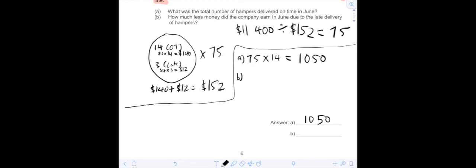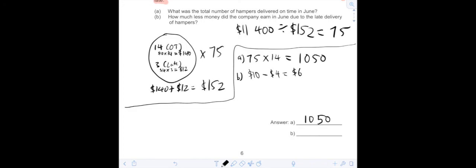They will have earned $10 for each hamper. Now because they delivered it late, they only earned $4 for each hamper, which means that what they could have earned more should have been $10 minus $4, which is $6.